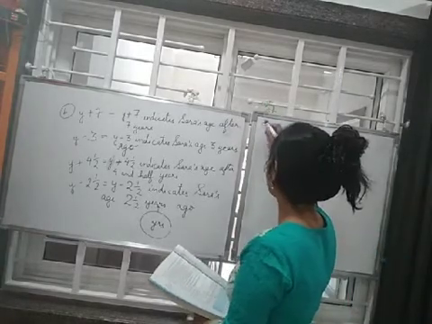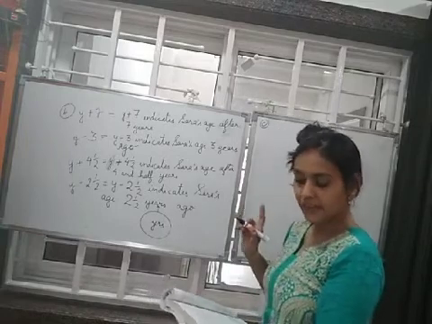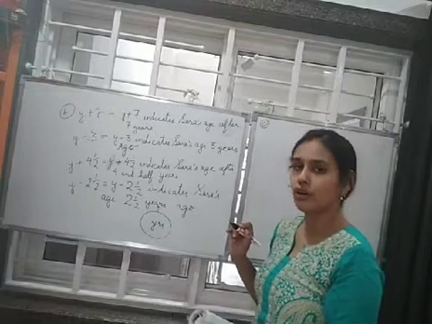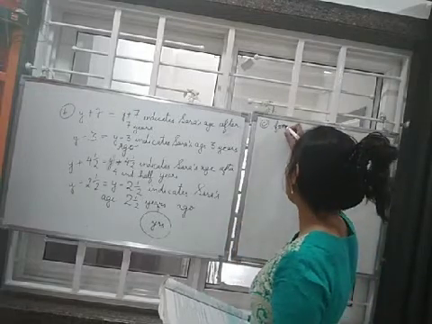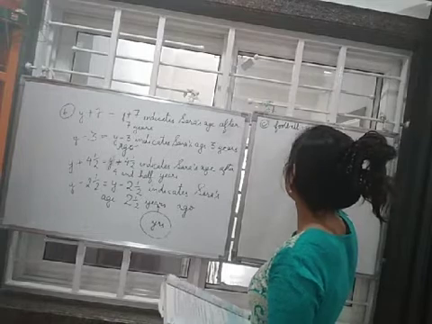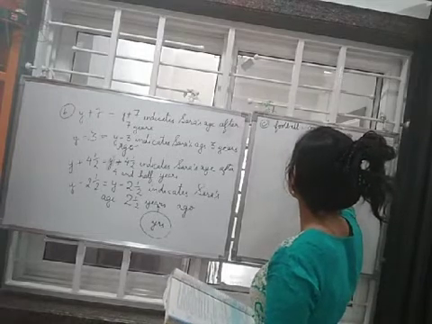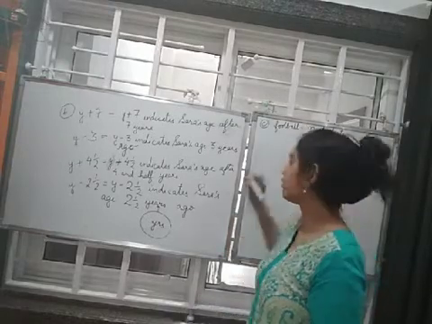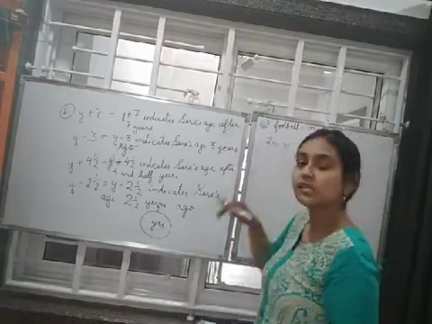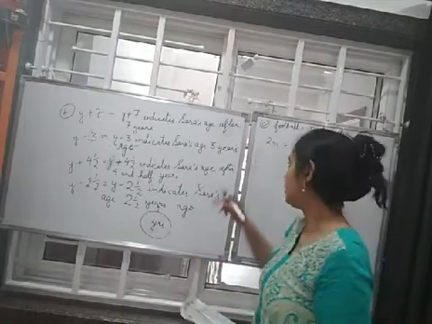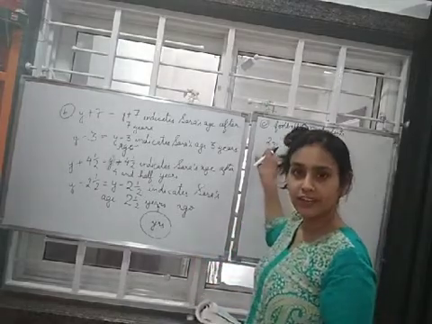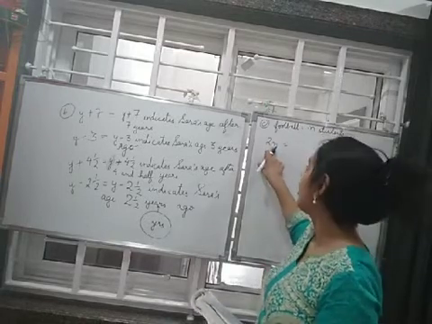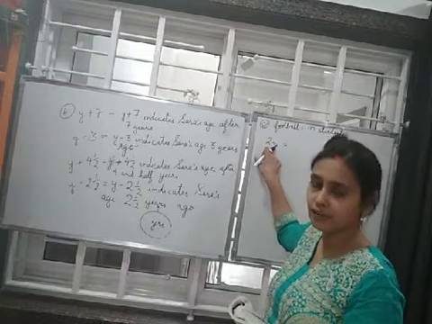C. Given n students in class like football. Okay, so football is being liked by n students. Then, what may 2n show? 2n may show some other game, children. That means twice of football, right? 2n means 2 into n, that is twice of n, that is number of children who like football.